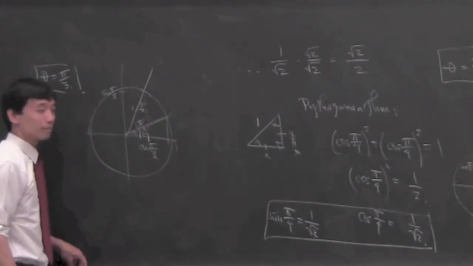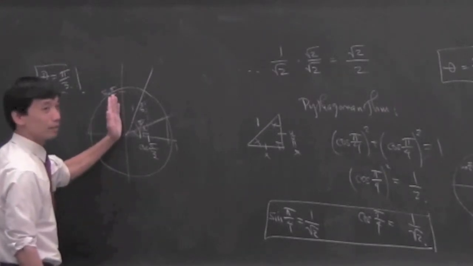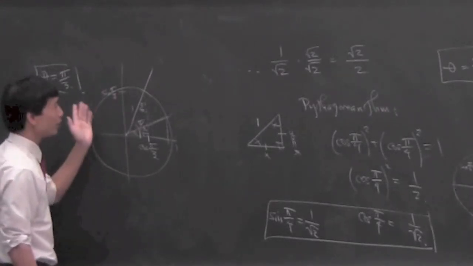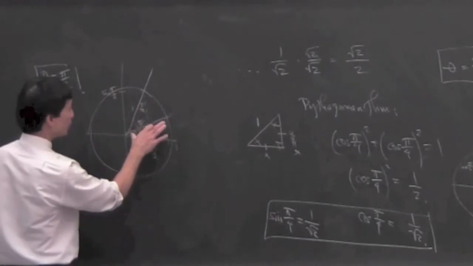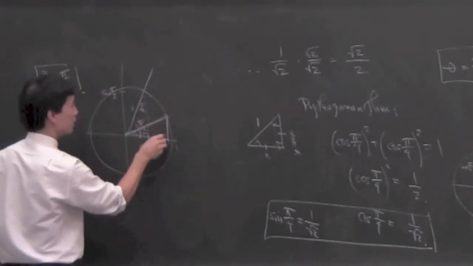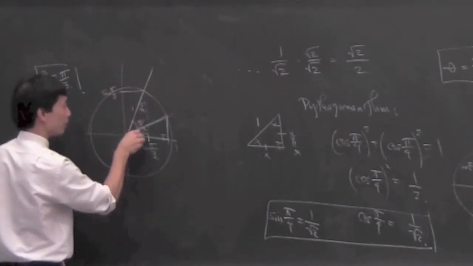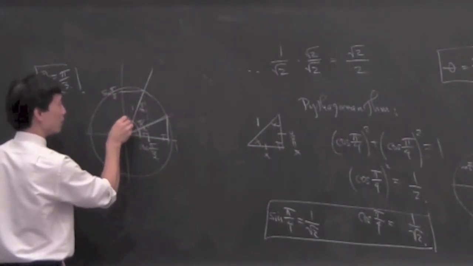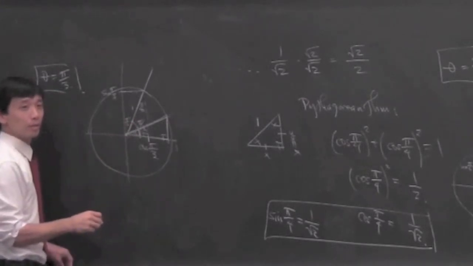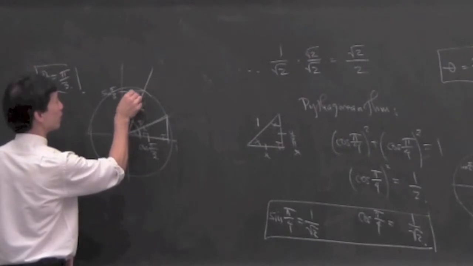So it's the same distance from the y-axis that it was from the x-axis, so it's just going to be the opposite. Yeah, you see that this triangle that we just figured out, and this triangle here: if this is pi over 3, then this angle is pi over 6. This angle is pi over 6, this angle is pi over 3.